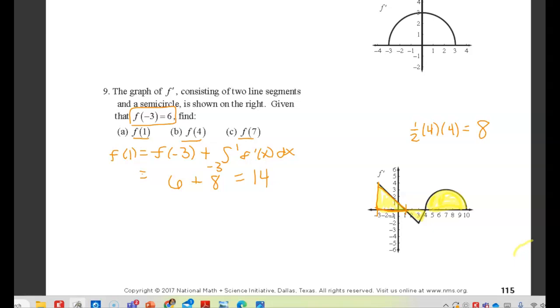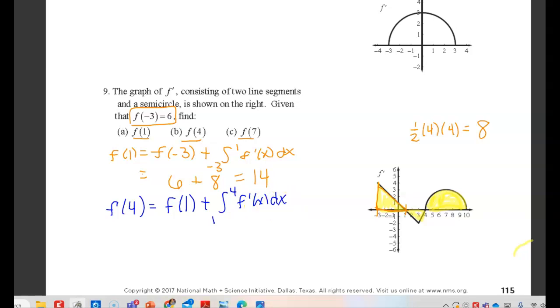Now, to find f of 4, you have two choices. You can go back to your initial condition, or you can say f of 4 equals f of 1 plus the integral from 1 to 4.